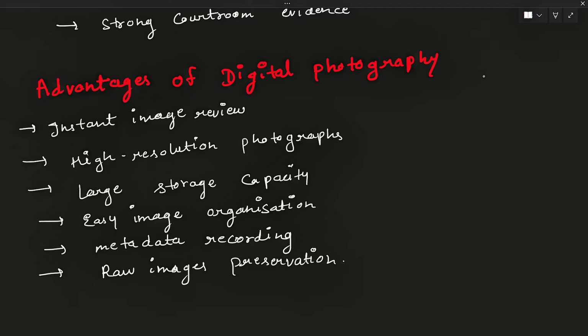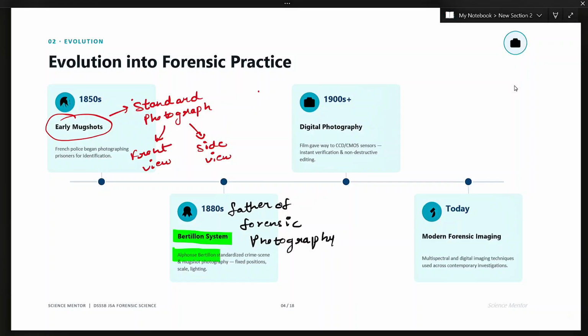In professional forensic work, investigators usually preserve the original raw image. Why? Because raw files contain the maximum amount of image information and reduce the possibility of evidence being questioned.